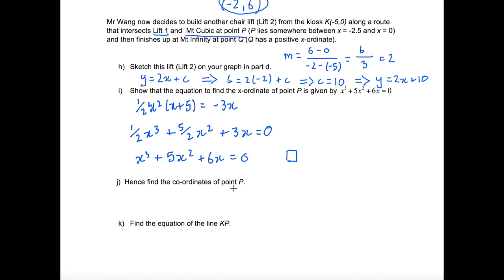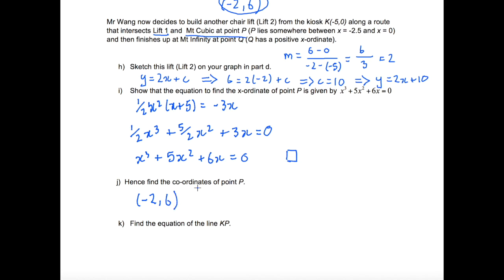Hence find the coordinates of P. Well, that just is a calculator question. I don't know how you could have done this question any other way. I don't like the order of these questions. Your calculator will solve that for you. It's negative 2, 6.